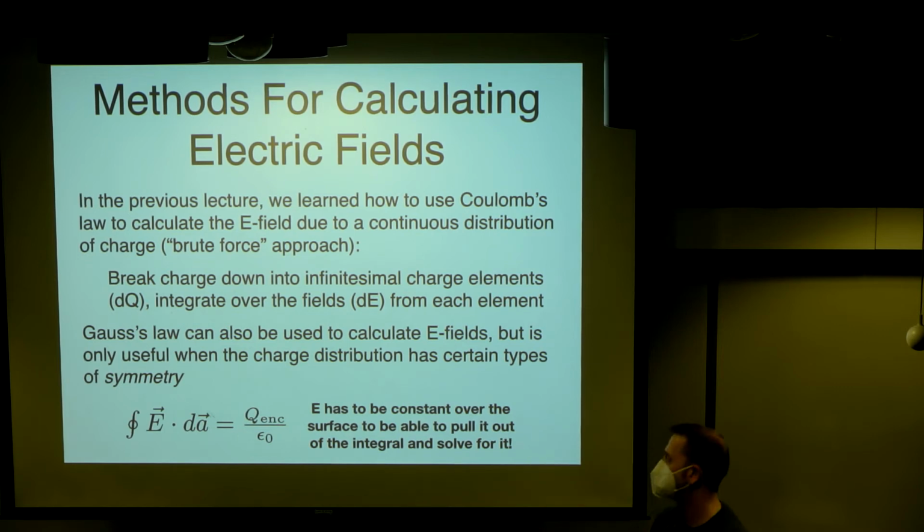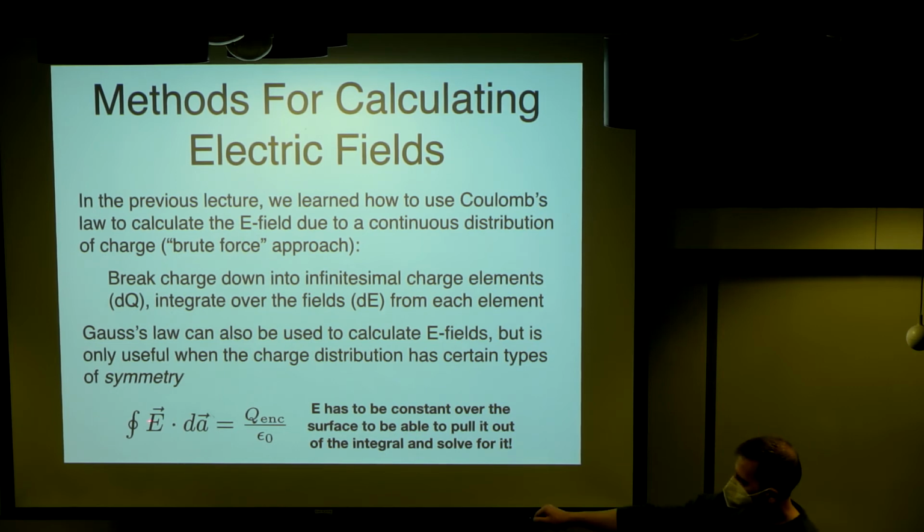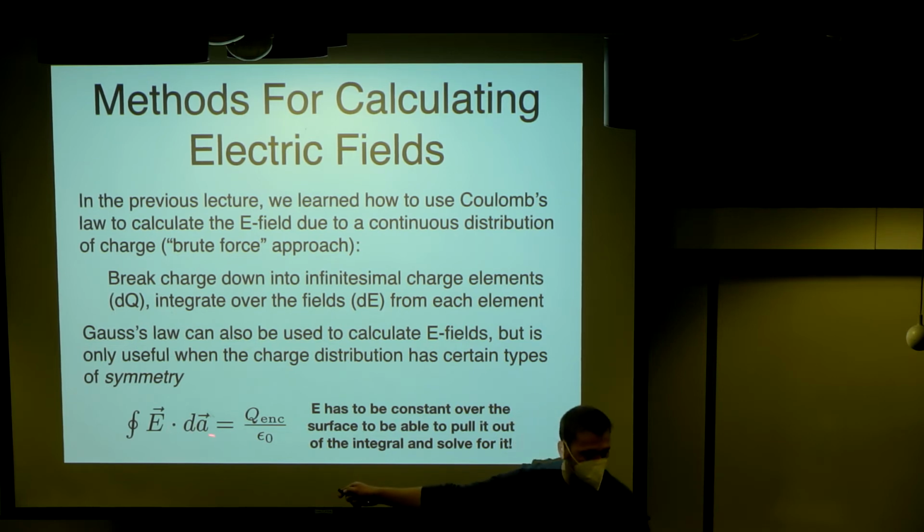However, you've got to be careful because you can't always use this to solve that kind of problem. You can only use this to solve for E if your problem has a certain kind of symmetry associated with it. And we'll get into what the different symmetries are where we can use Gauss's law. Just keep in mind it's really only useful in certain special cases, okay? And the basic idea is this. If you take a look at the equation for Gauss's law, and you were to ask the question, what is E?